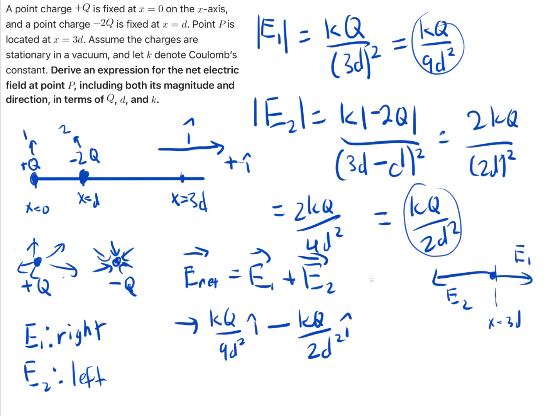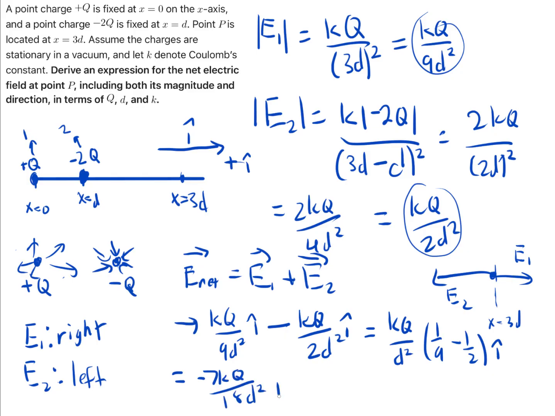Now we can just factor out all the kq over d squared. Then this just becomes 1/9 minus 1/2, and it will be i hat for the direction. If we simplify this, this becomes negative 7kq over 18d squared, i hat.